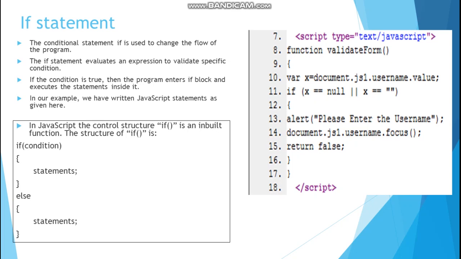Remember, in our example we have used only one portion of this if statement. The else part we have not given here. So this way we can use the if statement. So if will execute any one of these two statements.